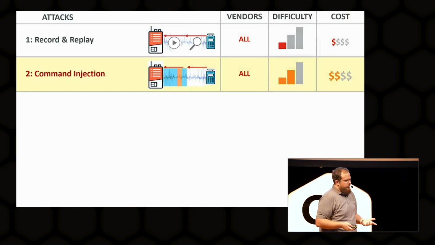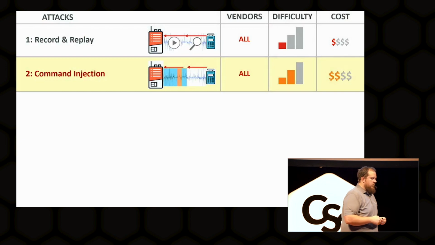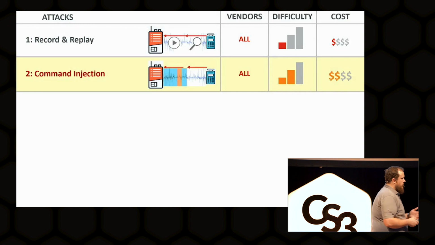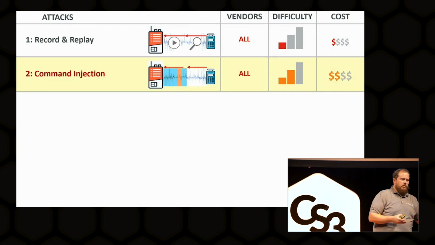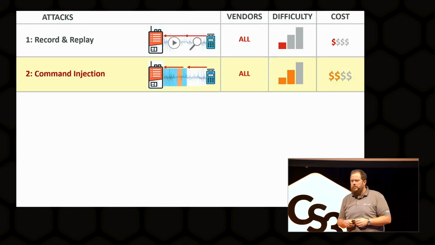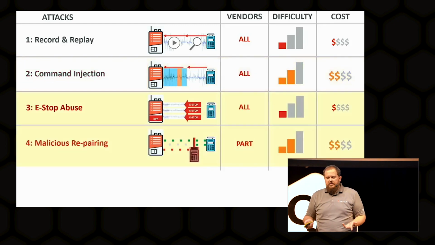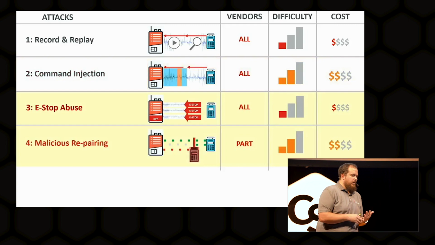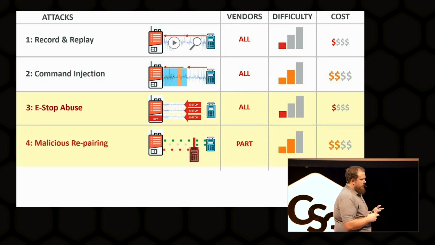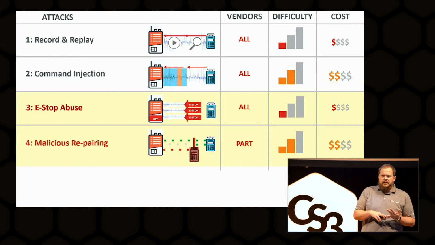So command injection, we have that now. We were able to do command injection on all the vendors. Slightly harder, took a little bit more time to figure out. And by that, we also have what I would call EStop abuse, just showed it, and then malicious repairing. What is malicious repairing?